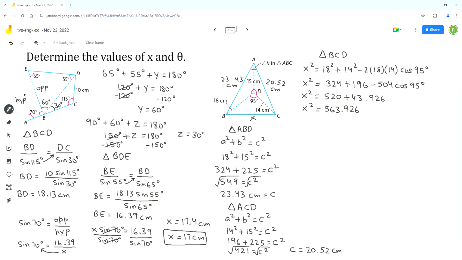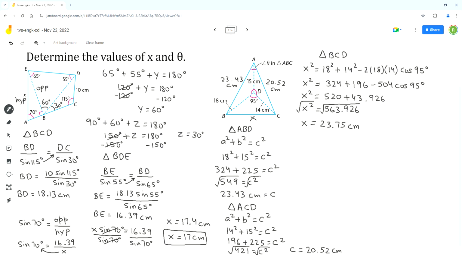Next we can apply square root to both sides. I get 23.75 and the unit is centimeters. So this is the length of side BC.